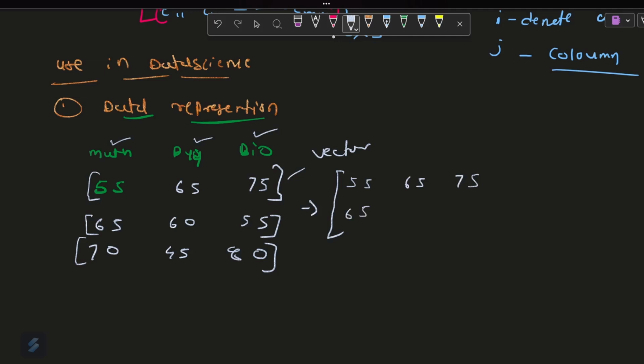Similarly, 65, 60, 55, and 70, 45, and 80. That is the data representation, and that is a useful thing.